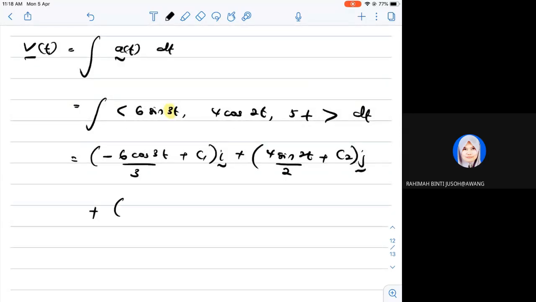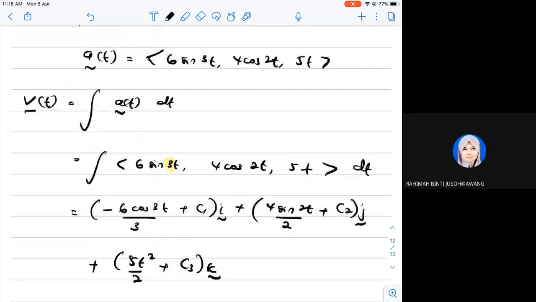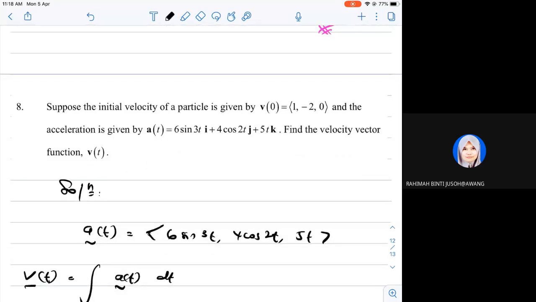Integrate dapat 5t squared over 2, isn't it? Plus C3k. Macam tu. Okay, now jawapan ni tak cantik sebab ada C1, C2, C3. So what to do? Cari nilai C1, C2, C3 tu lah.